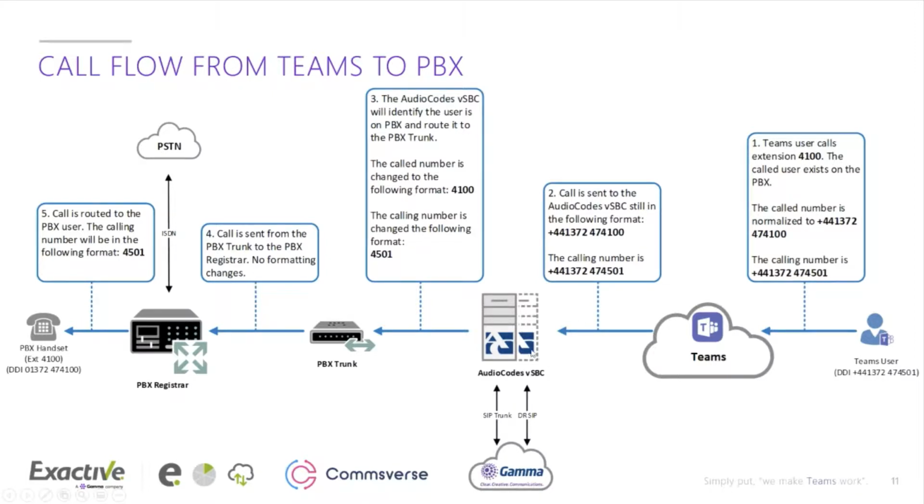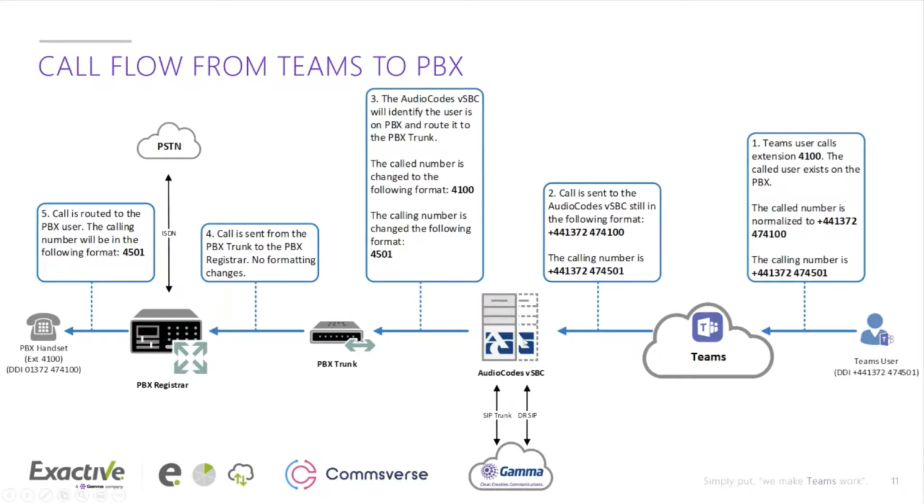Now at this point, depending on the routing rules on the AudioCodes, there may be a need within your business during the setup of direct routing to start utilising SIP. So as you can see over here, your PBX still utilises ISDN trunks. Now that's fine, you can still utilise ISDN using direct routing, but your business may want to prove the methodology of SIP. So you could have that SIP trunk out here on this SBC, completely possible.